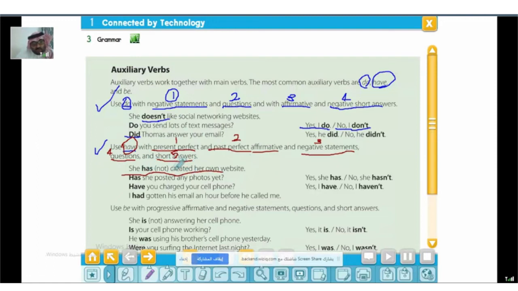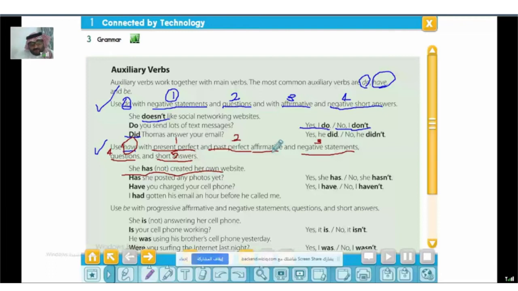Has plus past participle. See here. Has is a helping verb plus created. This sentence is a present perfect.